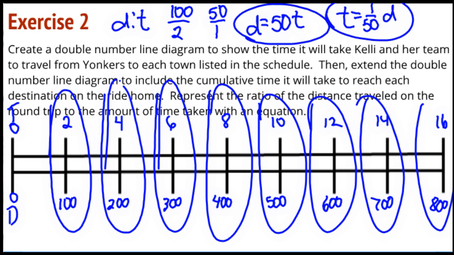So I've got a couple of nice equations here that I can work with. Represent the ratio of the distance traveled on the round trip to the amount of time taken. So I want distance to time. I think this is the equation that is showing me distance to time.